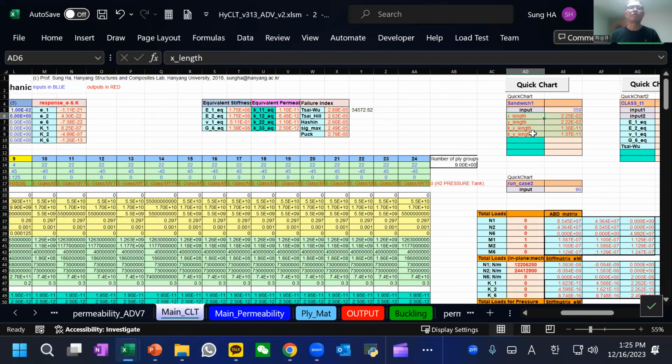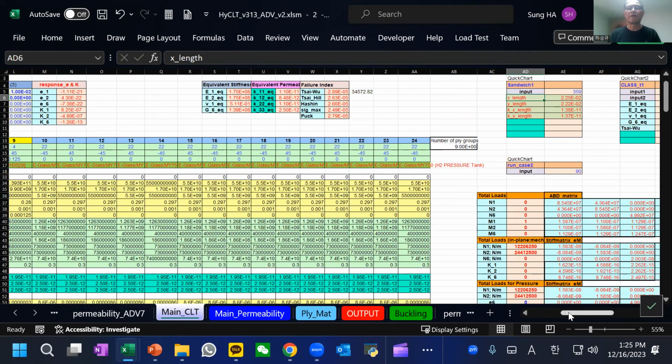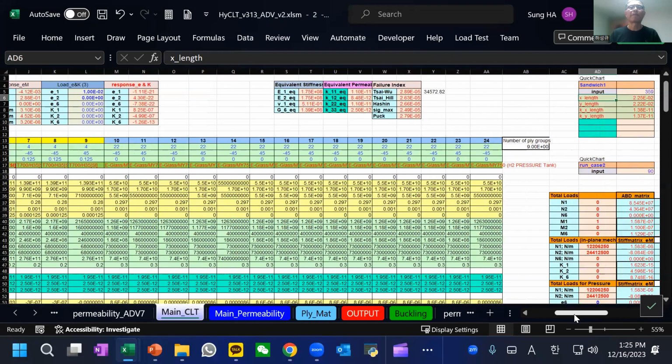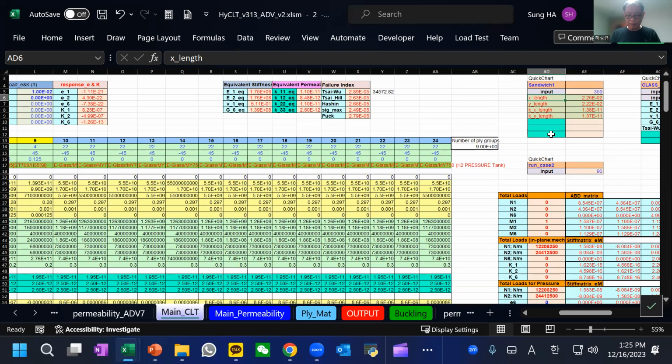And then this one, you can consider as the D, or you can consider how much curvature it may generate. So let's say D11 and the curvature 1. Let's consider these two.